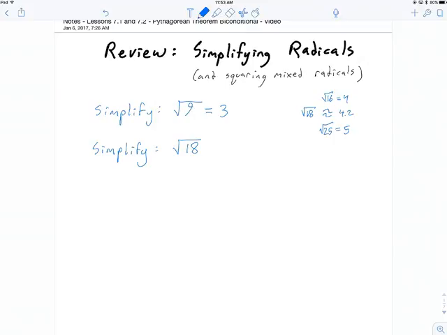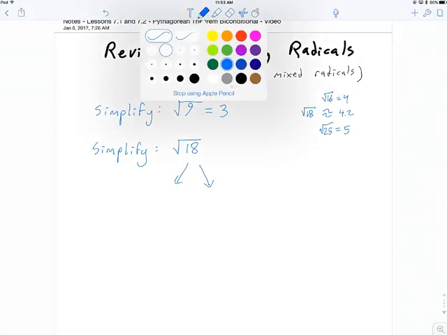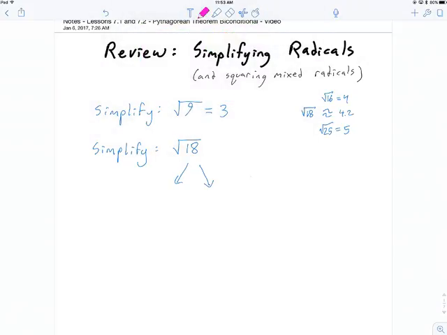Okay. The trick is we break this up into a product. Okay, and I'll write this out. We want to break this up. Let's turn to pink. You want to split this into the product of a perfect square and leftovers.